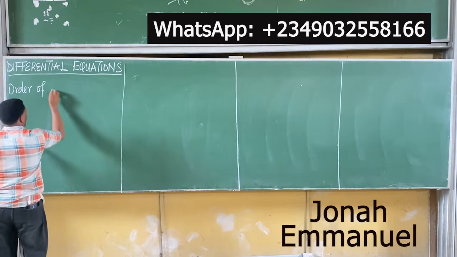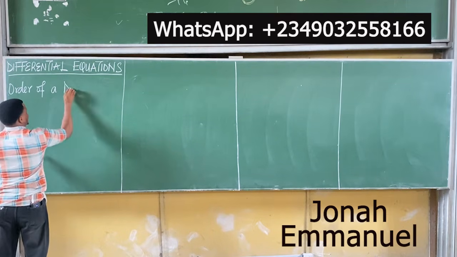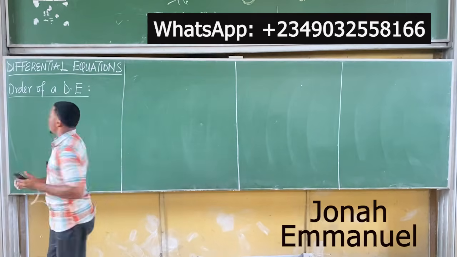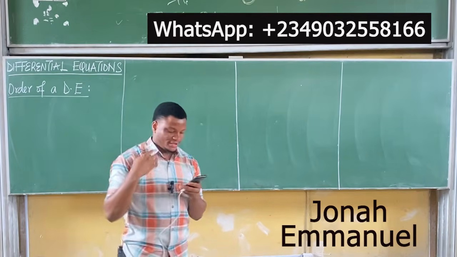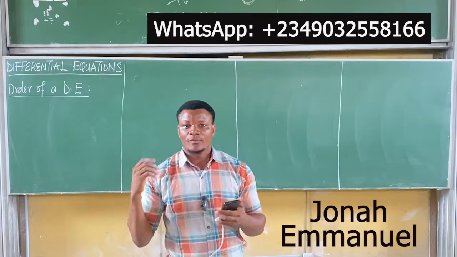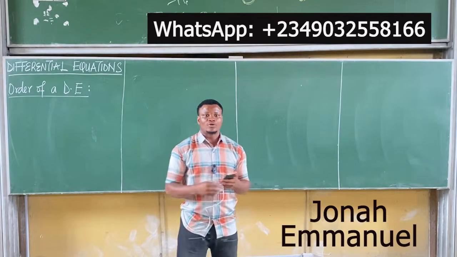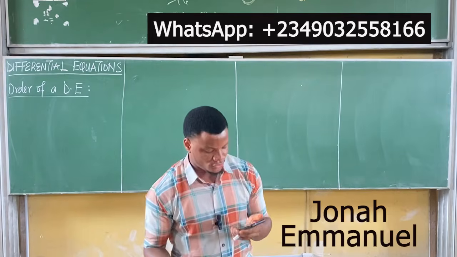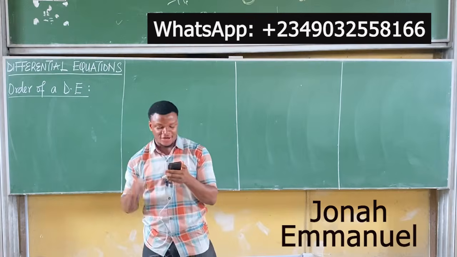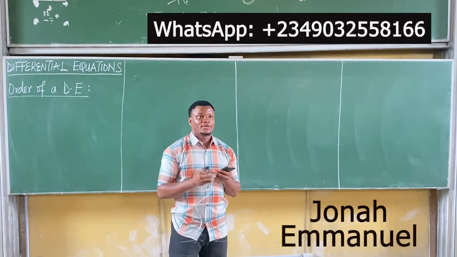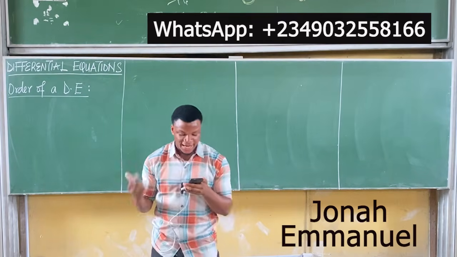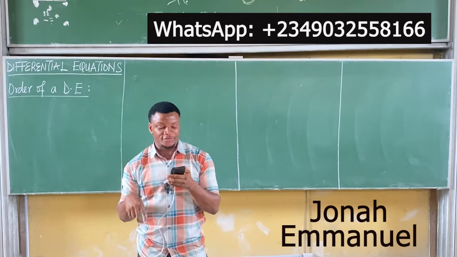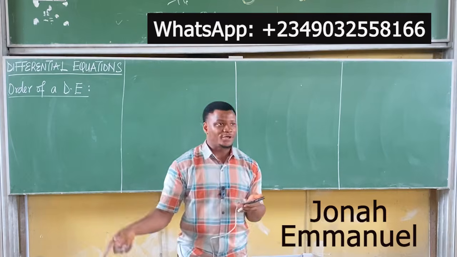Order of a differential equation, DE for short. Alright, take down please. The order of a differential equation is equal to the highest differential coefficient involved in a differential equation.